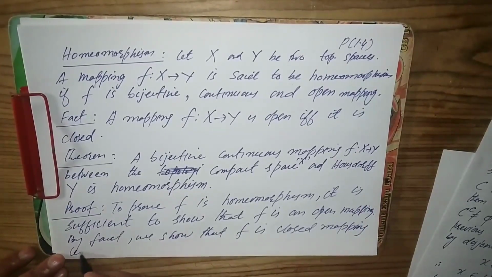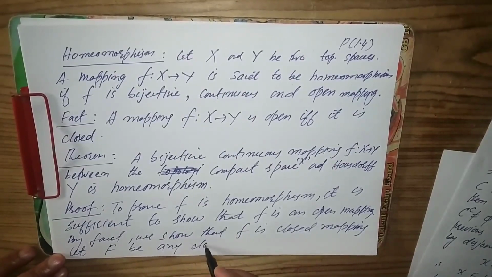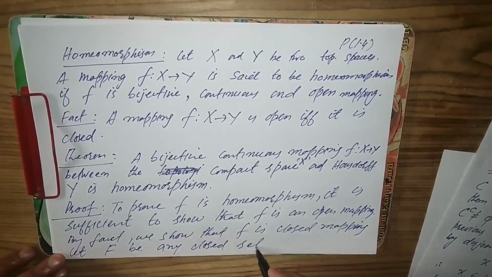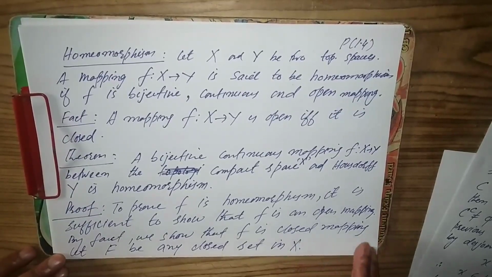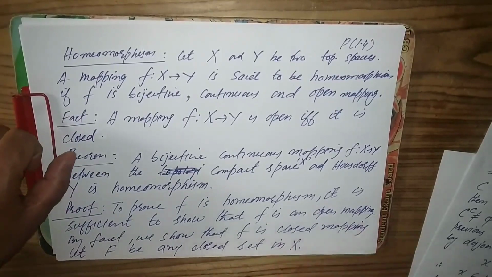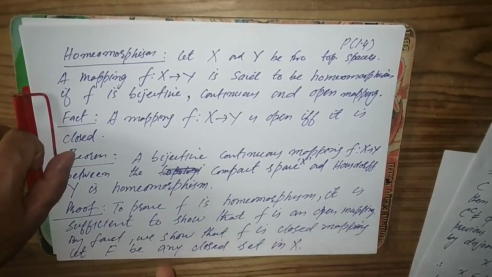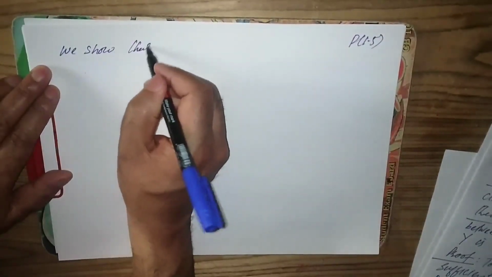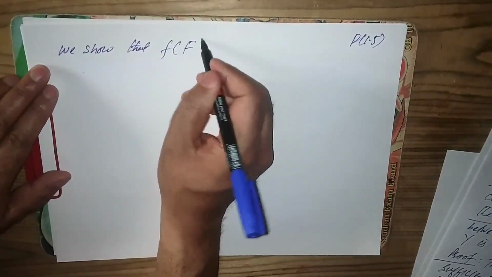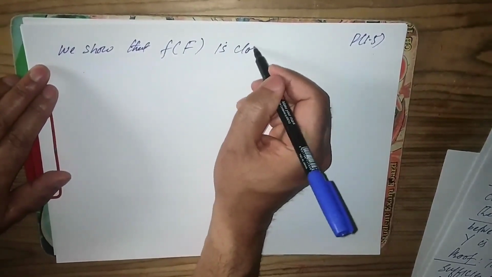Let F be any closed set in X. So we show that the image of F under the map f, f of F, is closed in Y.